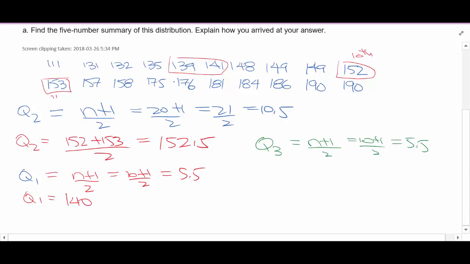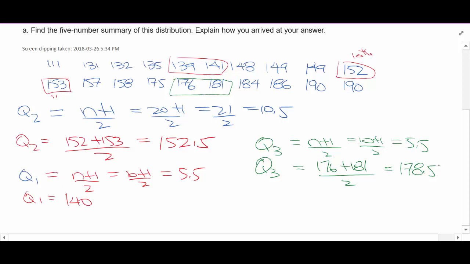And there's the sixth term, so the median of the upper set of numbers is going to be there. That's going to be the average, the numerical value of Q3. This is just the position of Q3. It's between the fifth and sixth term. The actual value of Q3 is going to be equal to 176 plus 181 over 2, which is 178.5.